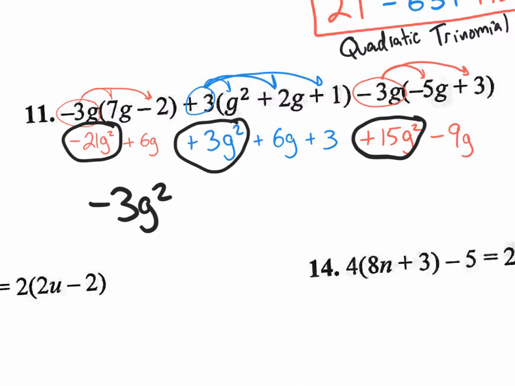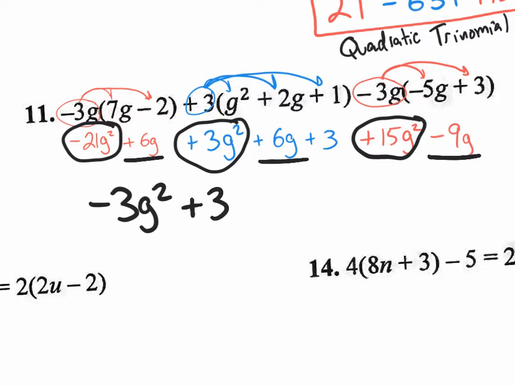And if this is complicated for you, you could get a calculator and do negative 21 plus 3 plus 15, and it should give you a negative 3. And just remember that we're talking about g squares. So just put the g squared there. Let's move on to our regular g's now. I have plus 6g, what's that so far? 12g minus 9g? 3g.